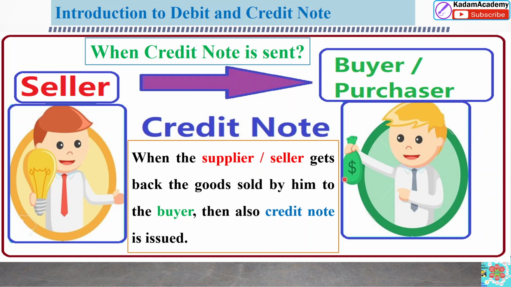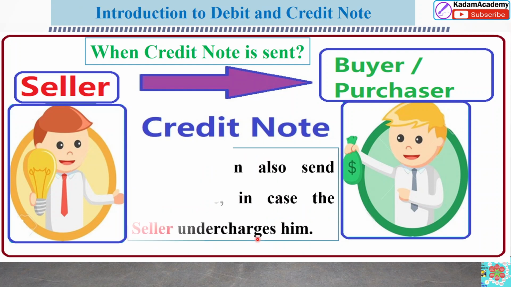The seller already sent goods of 6 lakh, but the buyer returned goods costing 1 lakh to the seller. So the supplier or seller gets back goods sold by him to the buyer. Then also a credit note is issued. Correct? The credit note requires an acknowledgement from the receiver.